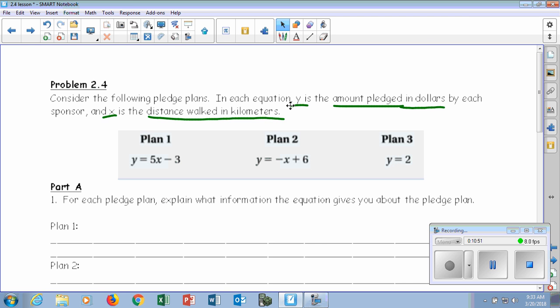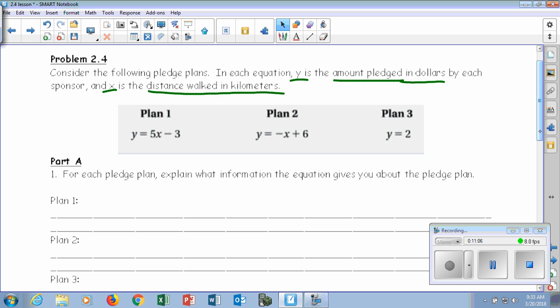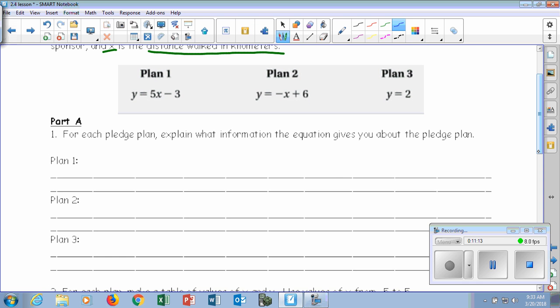So we're going to be looking at those equations. In part A, it says for each pledge plan, explain what information the equation gives you about the pledge. So in plan 1, what is it telling you? We got to break it apart. That's what they're asking us to do. They want us to break apart what each variable and number means in plan 1.